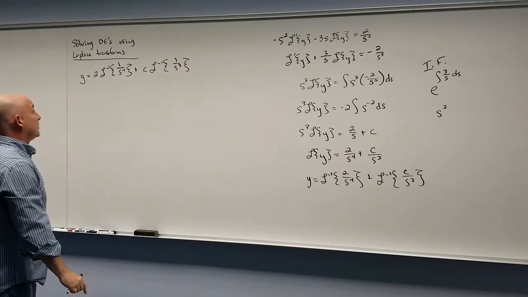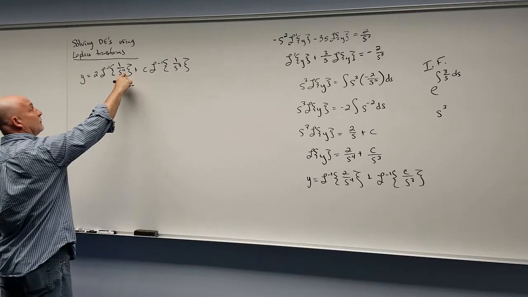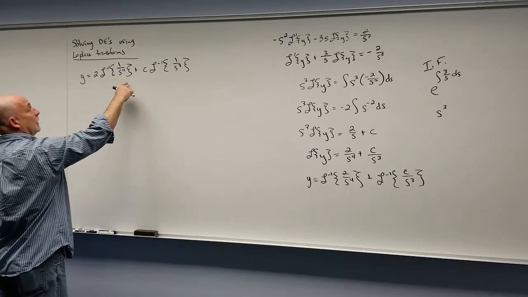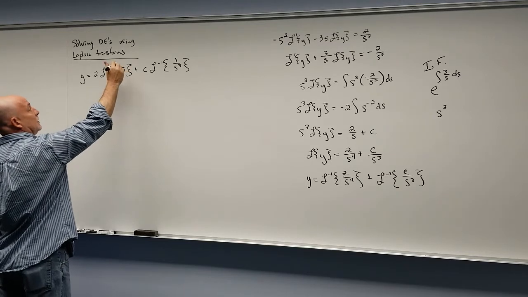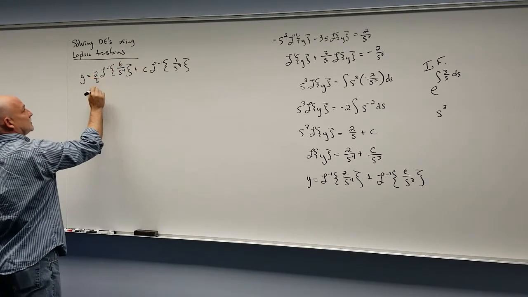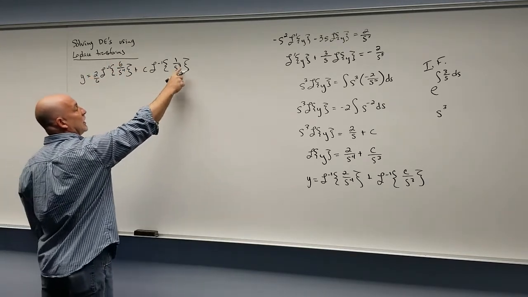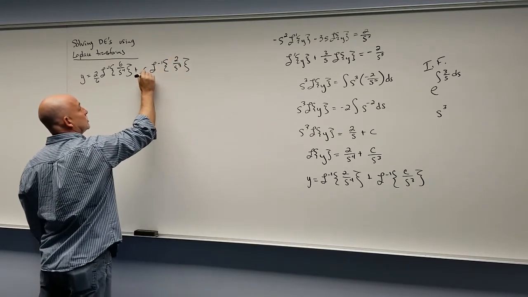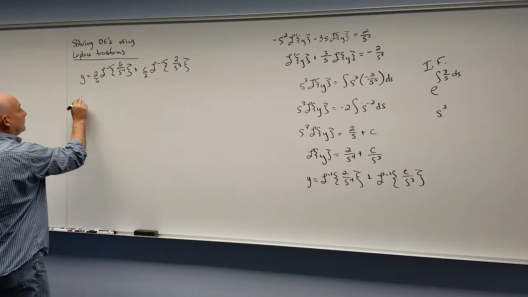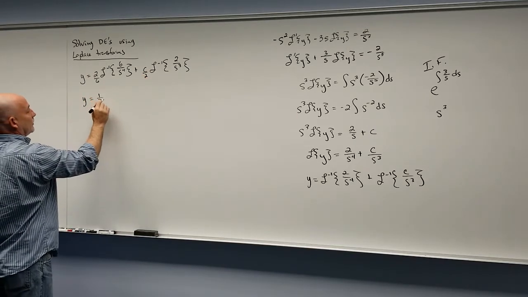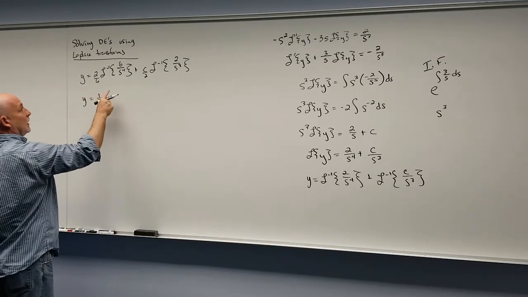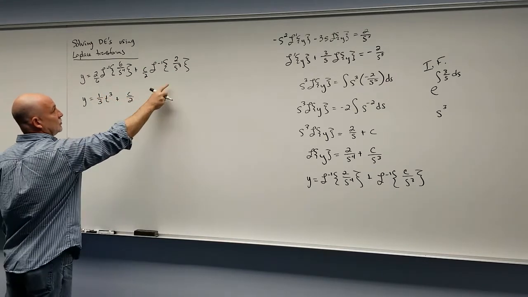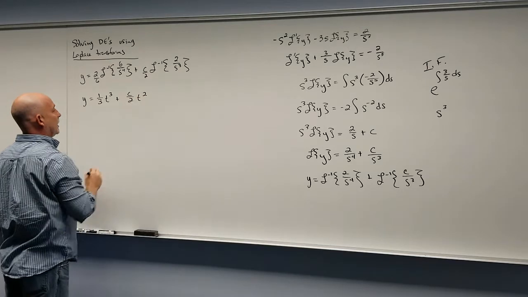Okay, so for each one of these, this is s to the fourth, so we need 3 factorial on the top. So 3 factorial would be 6. We need a 6 out front. Here we need a 2 factorial on the top, so if I change that to a 2 and put a 2 out front, we get y is equal to 1/3 t cubed plus c over 2 t squared.